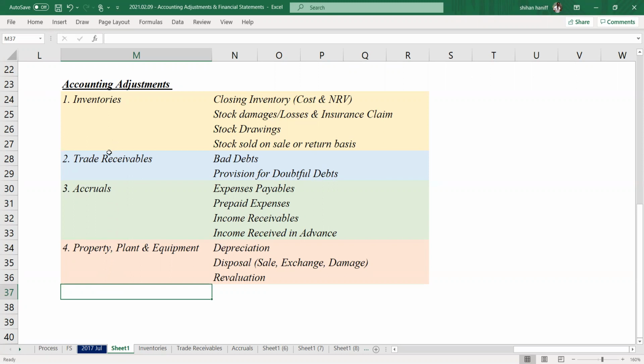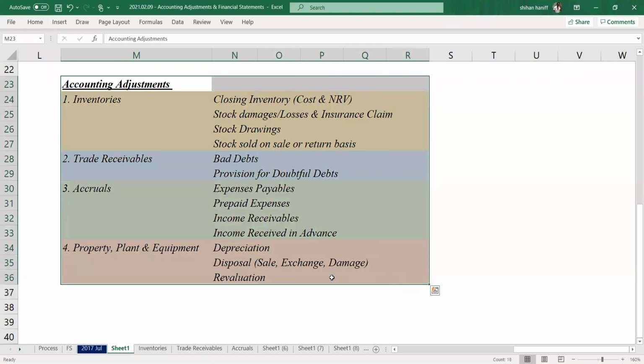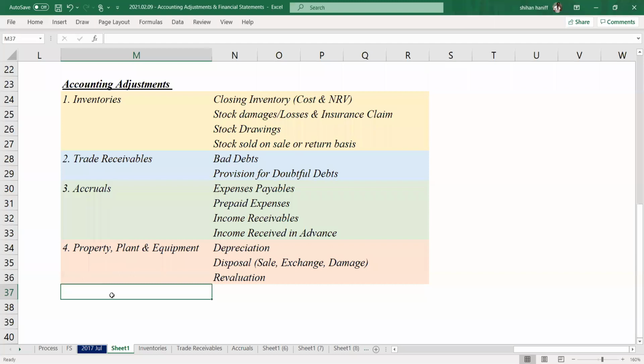So initially for the sole proprietorships, we learn these accounting adjustments. Then when it comes to company final accounts, we have EPF, ETF adjustments. Then we will have taxation adjustment and some of the accounting standards related to this.